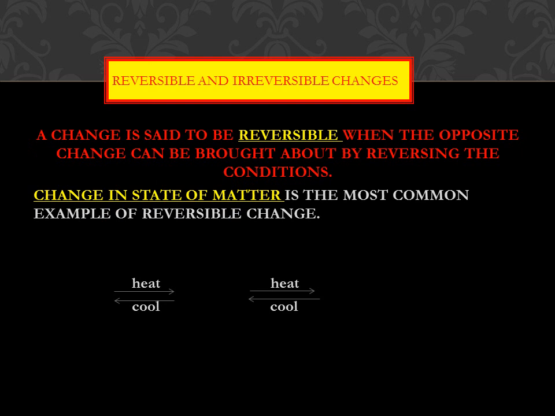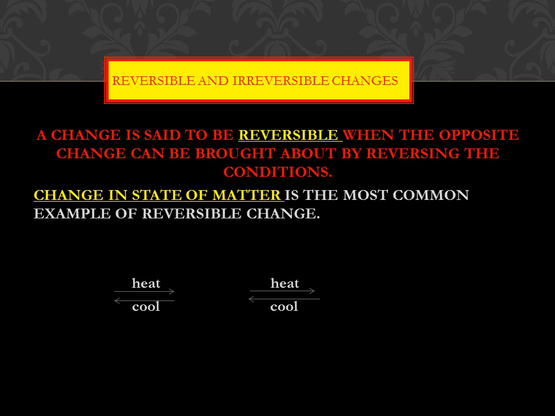A change is said to be a reversible change when the opposite change can be brought about by reversing the conditions. I repeat, it is said to be a reversible change when the opposite change can be brought about by reversing the conditions.